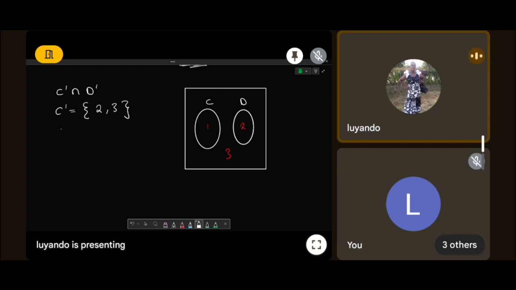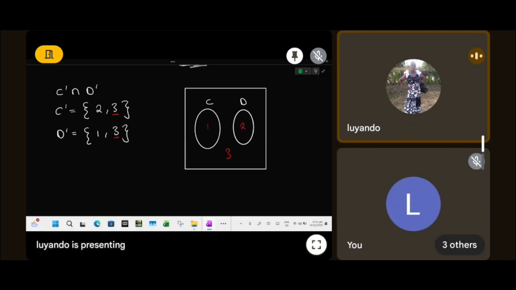If we were to get D complement, in D we do not have 1, and again we do not have 3. So the intersection of these two sets, we find that they only intersect at 3.